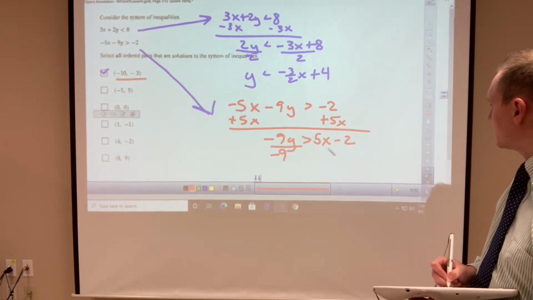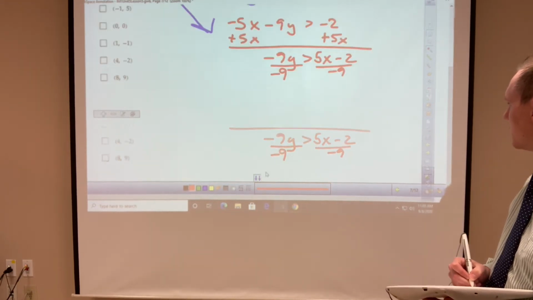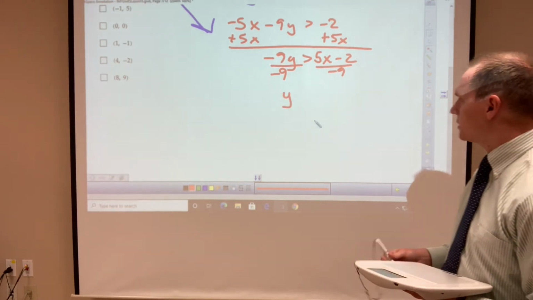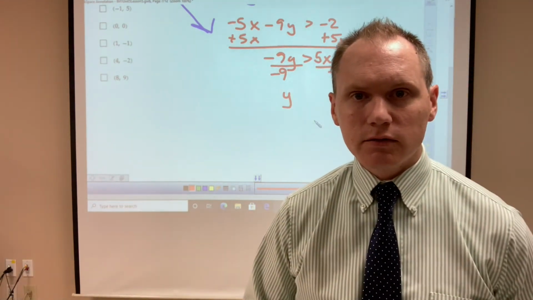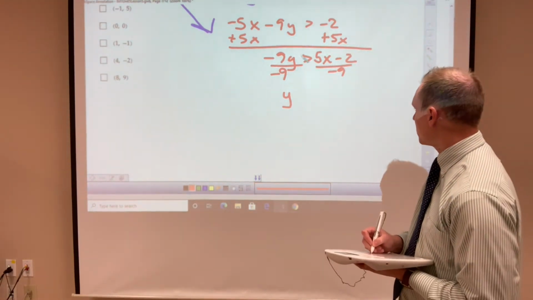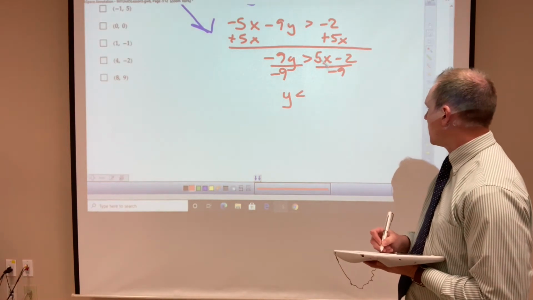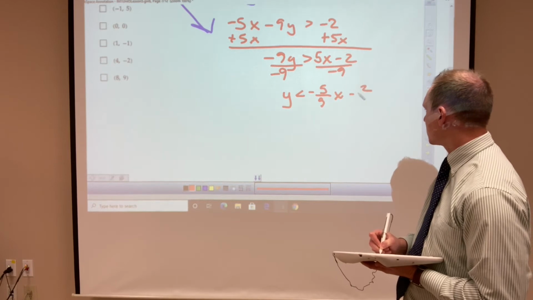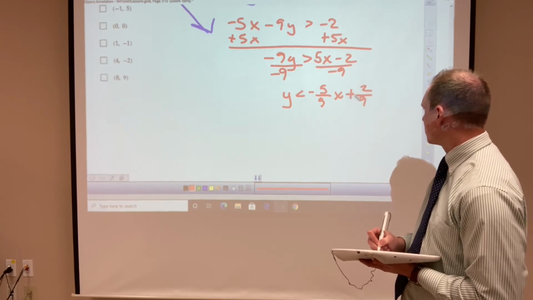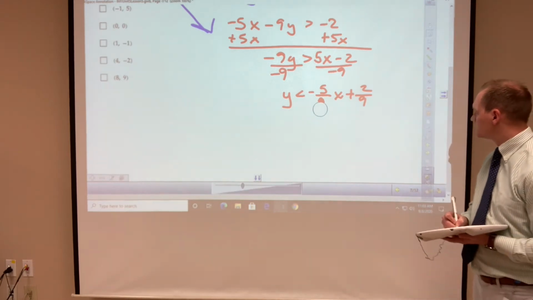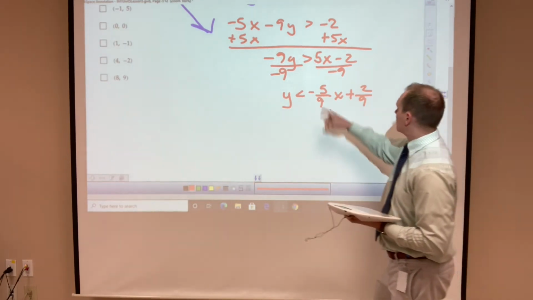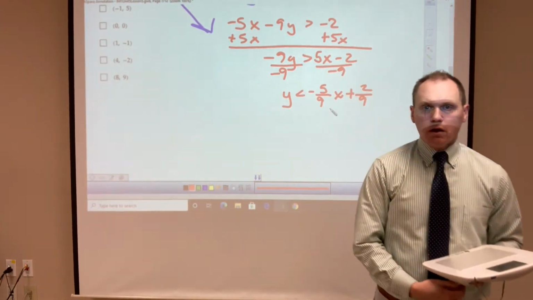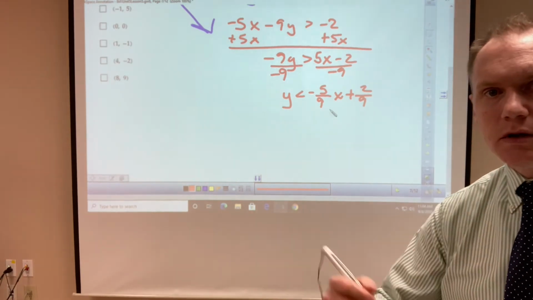Now we're going to divide by -9 on both sides and get, careful here, we divided by a negative, so that means we're going to have to change the inequality from greater than to less than. y is less than -5/9 x, actually it's going to be plus 2/9. Positive divided by negative is a negative, negative divided by negative is a positive. So those are our y-intercept and slope there.